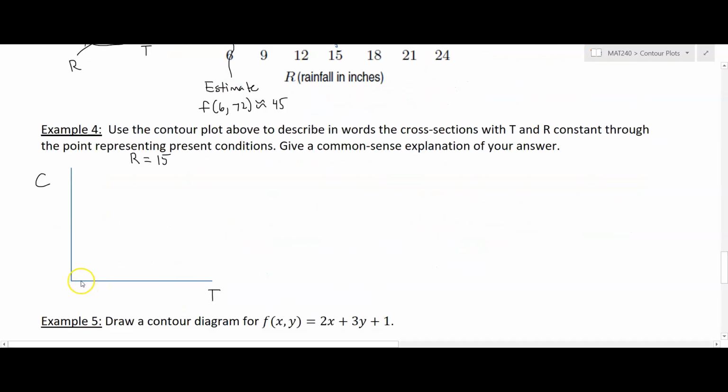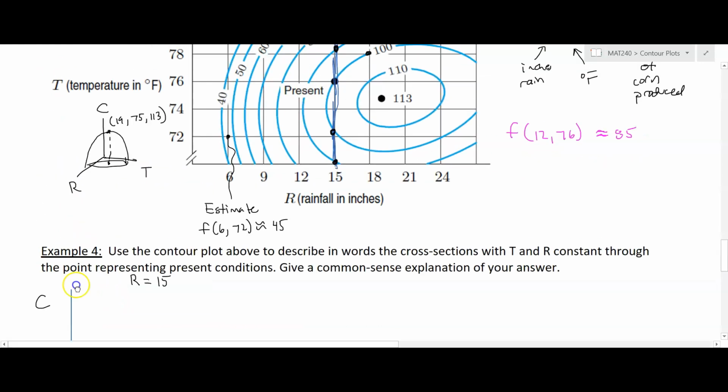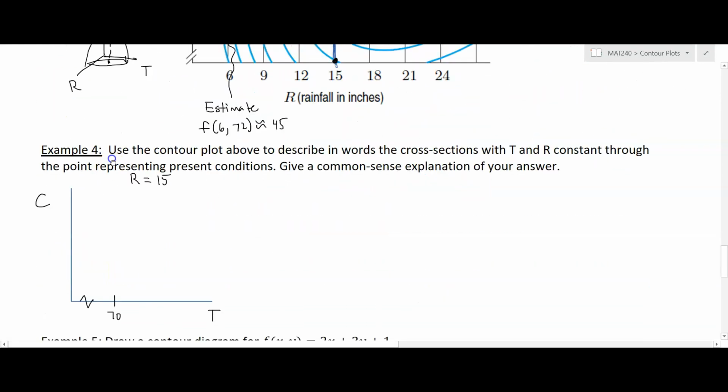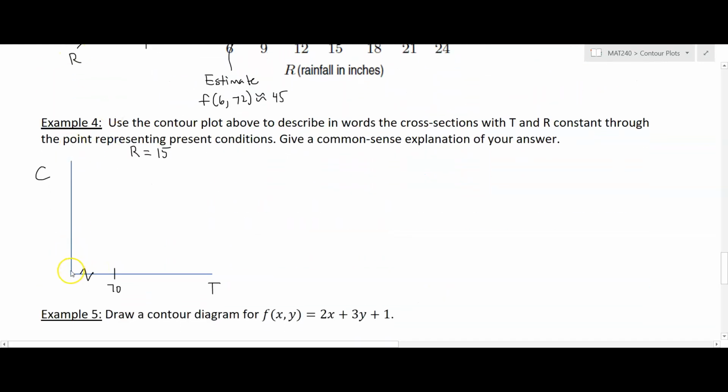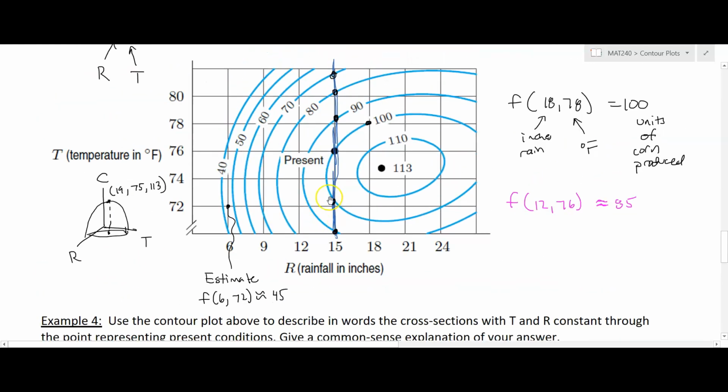We'll just create a break in the graph and say this is 70. And that corresponds to 90 units of corn produced. So again, I'll break the graph and put 90 right there.